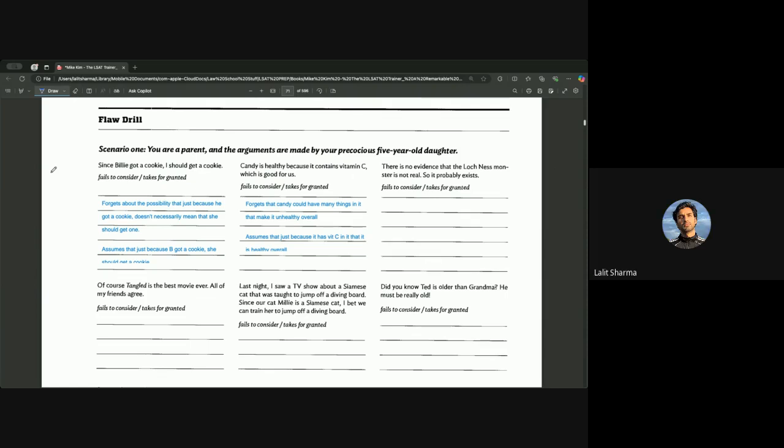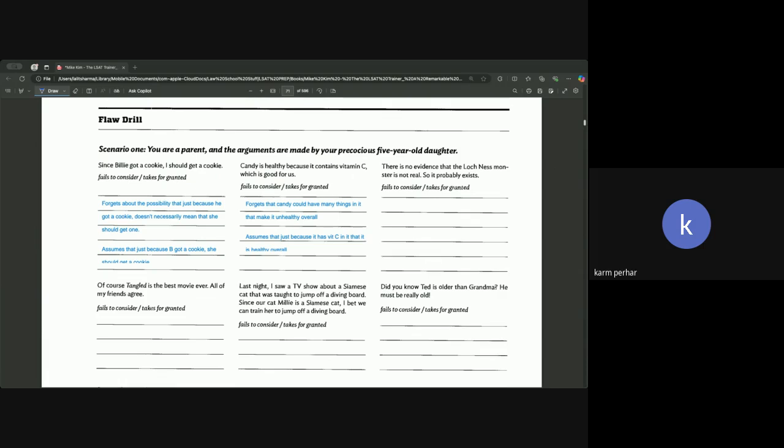Okay, why do you think so? Because it says there's no evidence that the monster is not real. It's a little bit confusing, right, how it's worded?